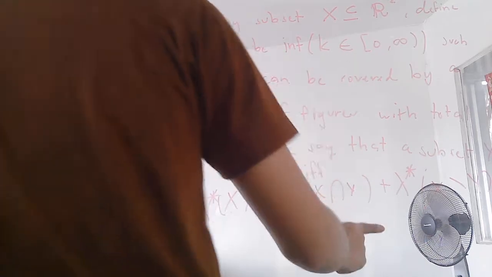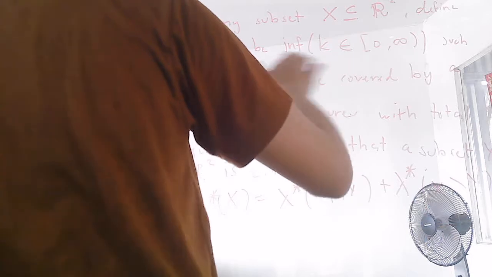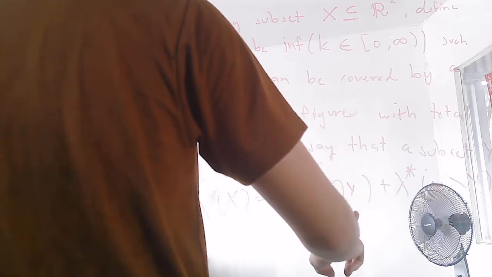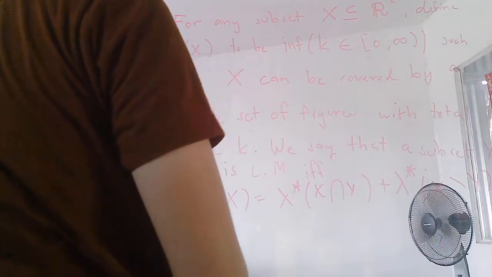So we can split up this infimum into the sum of two infimums of K, such that the intersection between X and Y can be covered by a countable set of figures, and this complement here can be covered by a countable set of figures with a total measure of K for each.